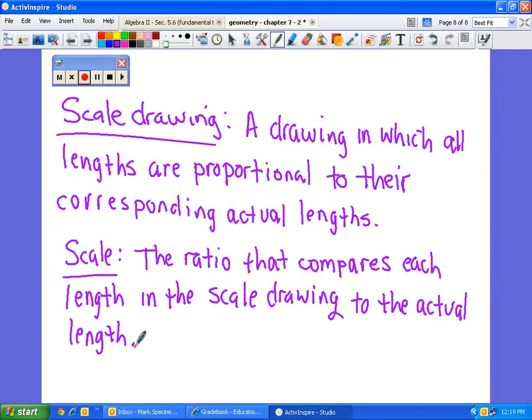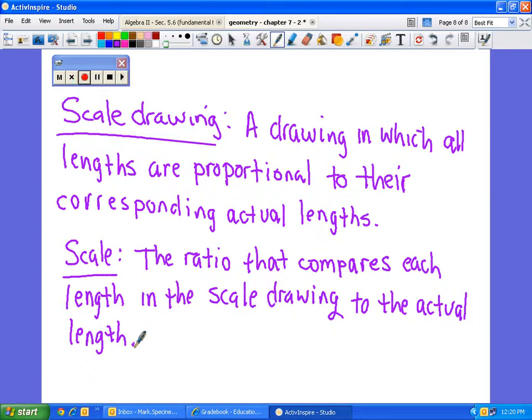Oh, that works. So a scale drawing basically, look, if we want to have a map of Sarasota County, obviously we're not going to have a full-size map of Sarasota County. Sarasota County is 50 miles long and 20 miles wide. So instead we have a scale drawing.